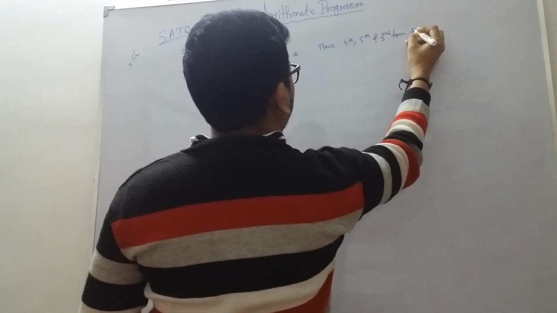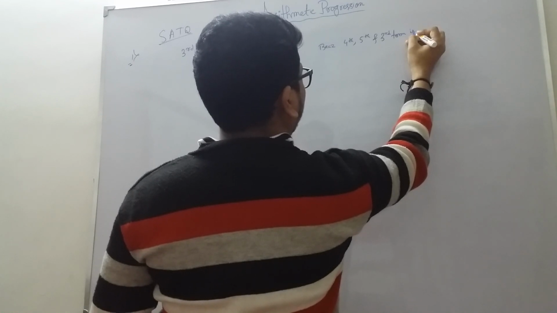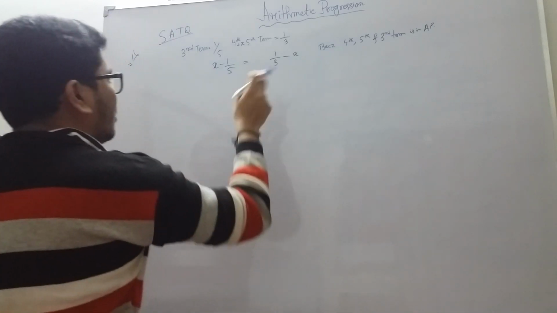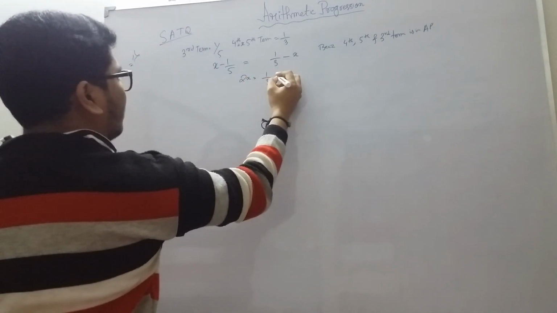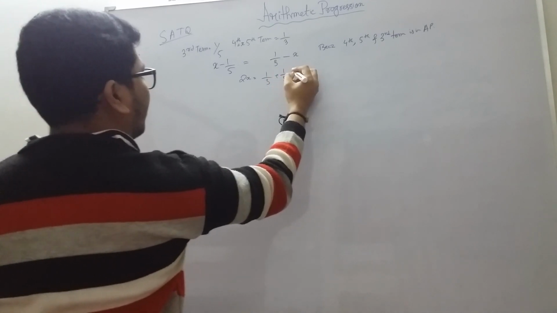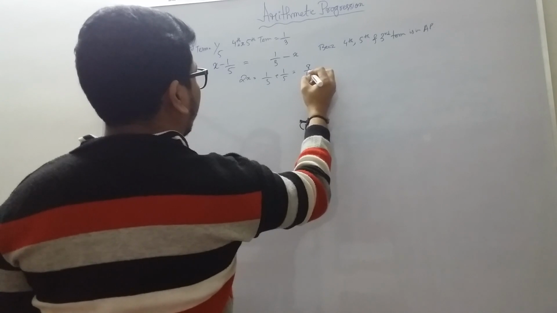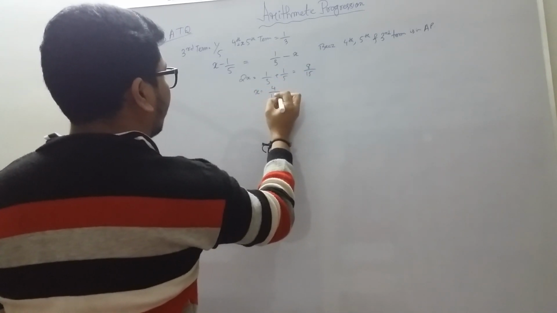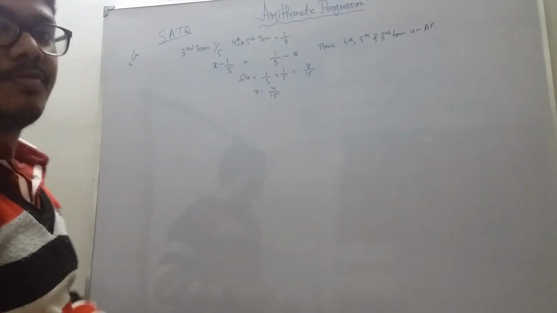So 2x equals 1 by 3 plus 1 by 5, which is 8 by 15, or x equals 4 by 15. So the fourth term is 4 by 15.